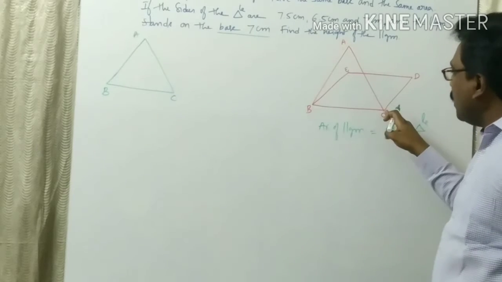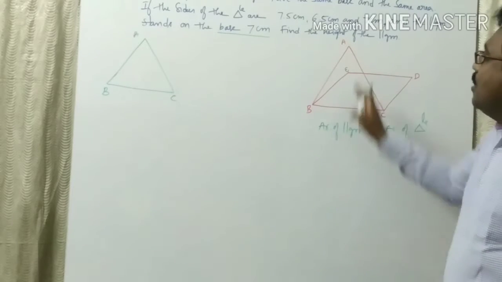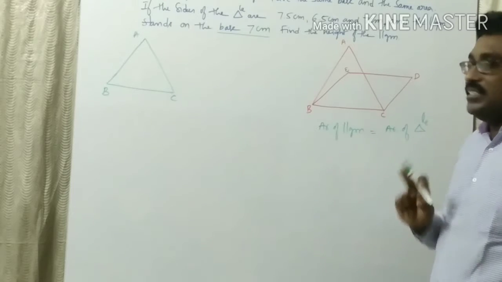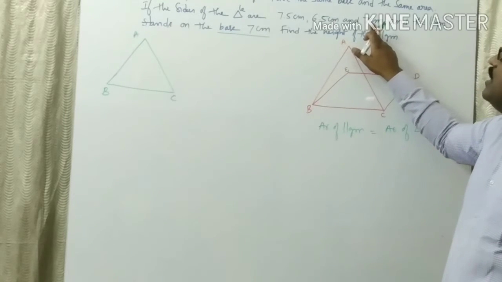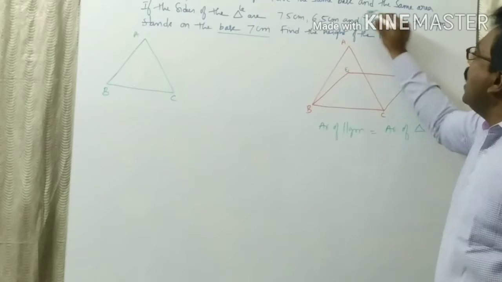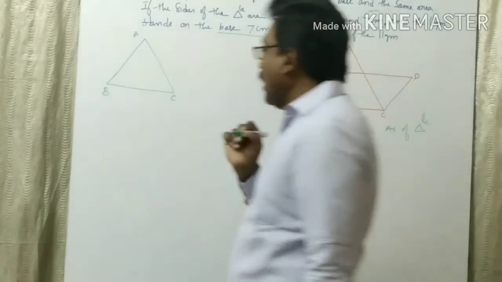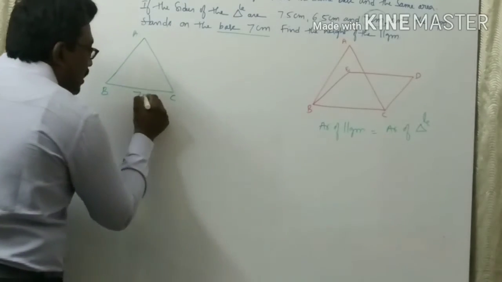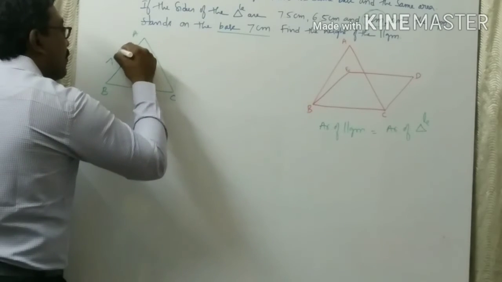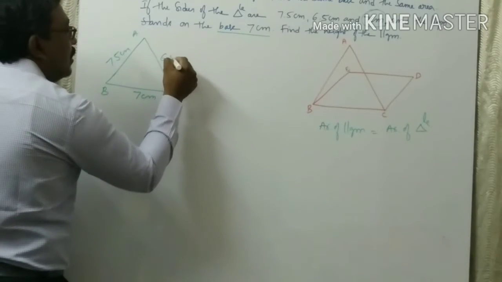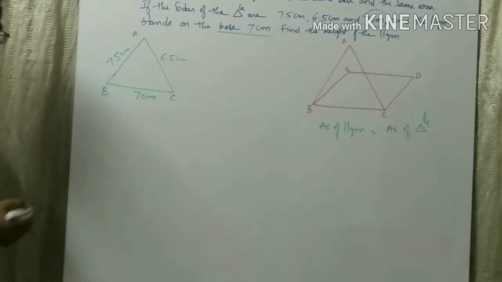What is the base for the parallelogram? BC. What is the base for the triangle? BC. That means this 7 centimeters is the base. You have to take it like that. So 7 centimeters, this is 7.5 centimeters, this is 6.5 centimeters.